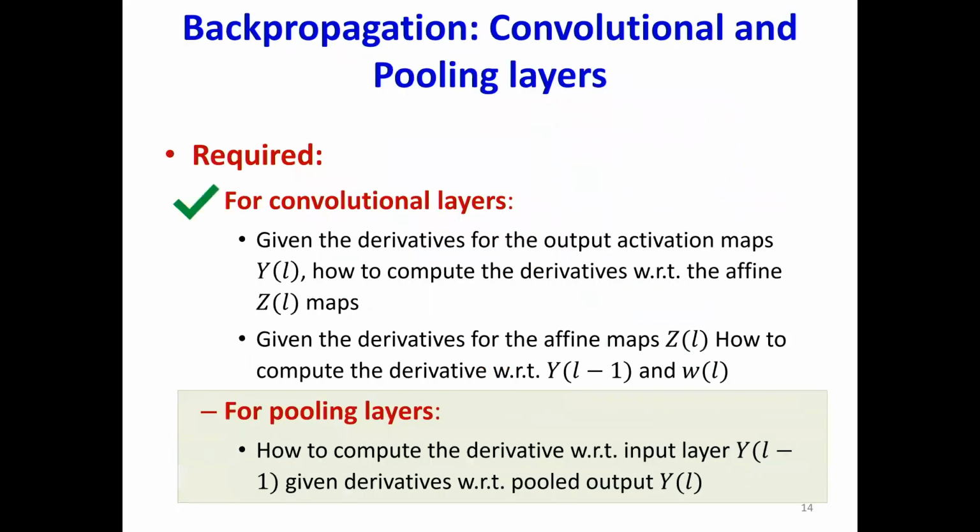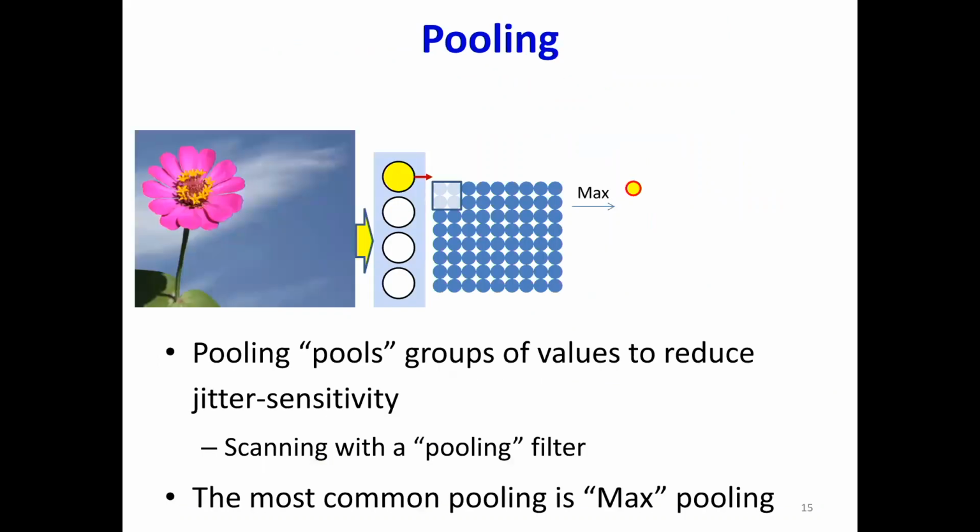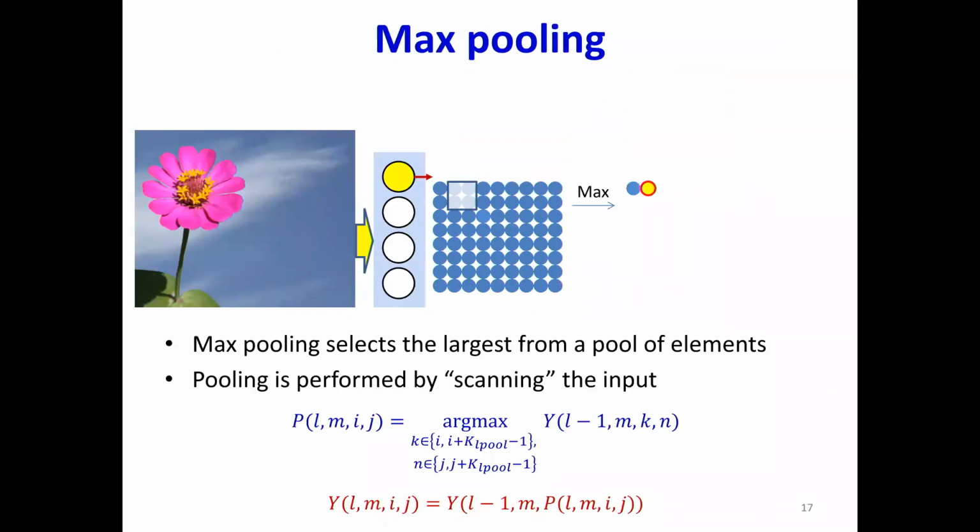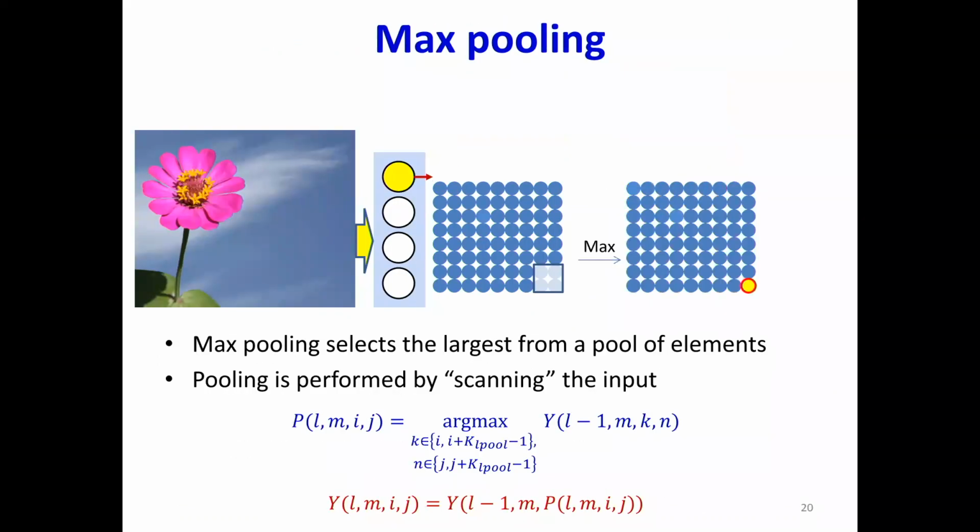All right. So for pooling layers, how did we compute the derivative with respect to the input layer? Here again, we saw that pooling basically just goes through top left to bottom right. If you're performing max pooling, within each block, you're identifying the location of the maximum and copying that over, right?